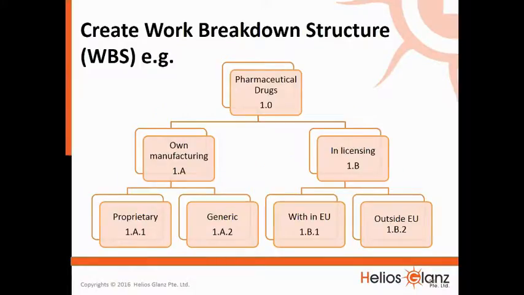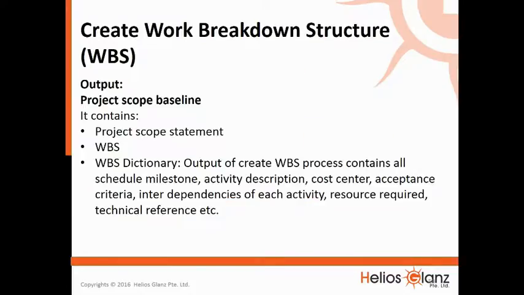The following example shows the work breakdown structure of pharmaceutical drugs. Pharmaceutical drugs is segregated into own manufacturing and in-licensing. Further, own manufacturing is segregated into proprietary and generic, and in-licensing is segregated into within EU and outside EU. The output of the WBS is the project scope baseline.